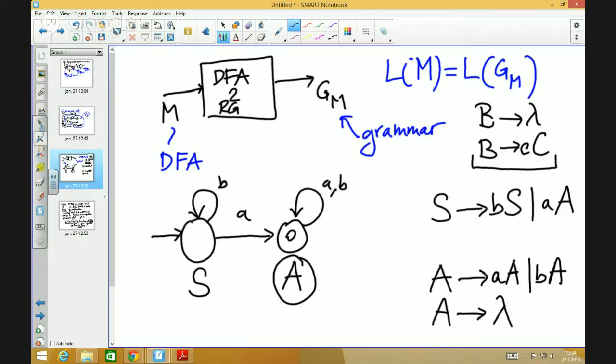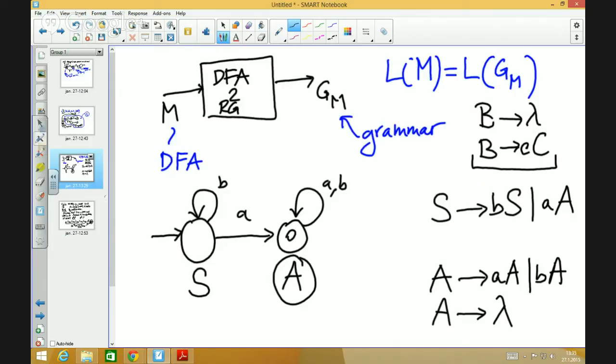That's an example, but it highlights the general pattern. What is the general pattern? The general pattern that this algorithm here, DFA to RG, uses is as follows. Give me a DFA. I will build a grammar whose non-terminals are all the states of your DFA. What are the productions?